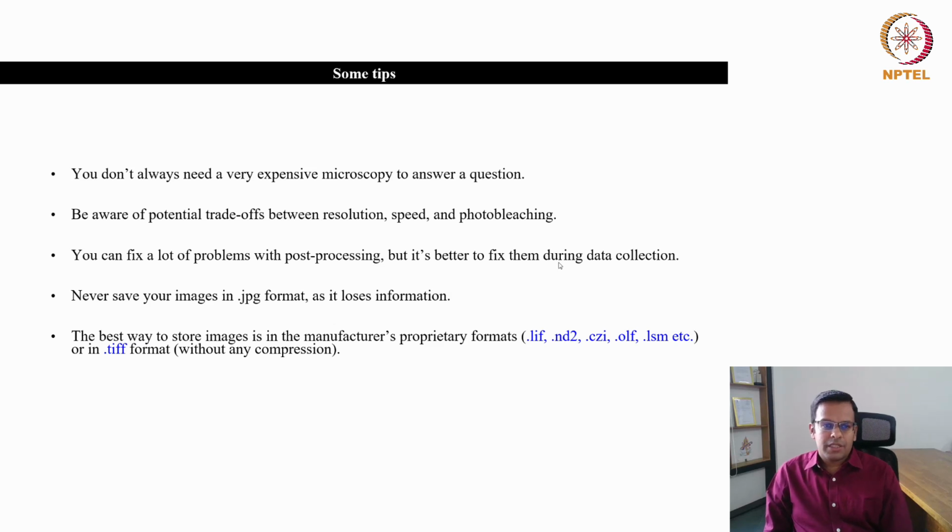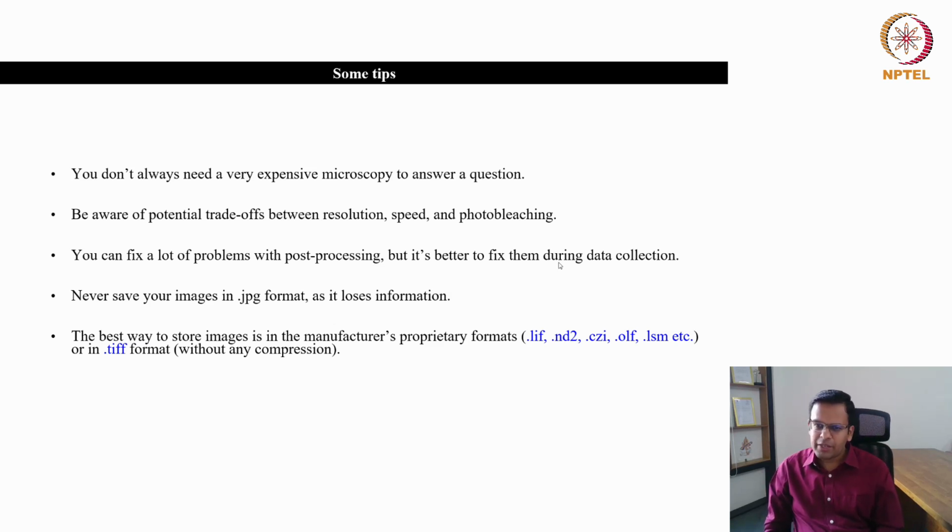Never save your images in .jpg format. That loses the information. So never save your imaging data into .jpg format because you will lose some information. And the best way to store your images is in the manufacturer's proprietary formats.